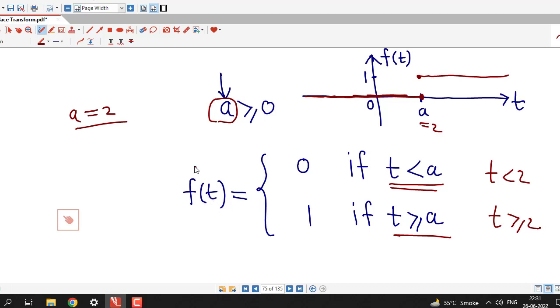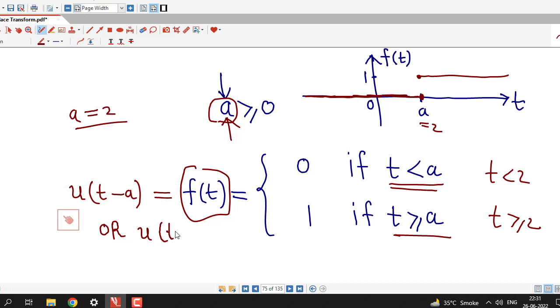So because this definition depends on this non-negative real number a, the notation for this function is u of t minus a, or some other authors use this notation also. It is a function of t and is defined corresponding to this non-negative real number a.